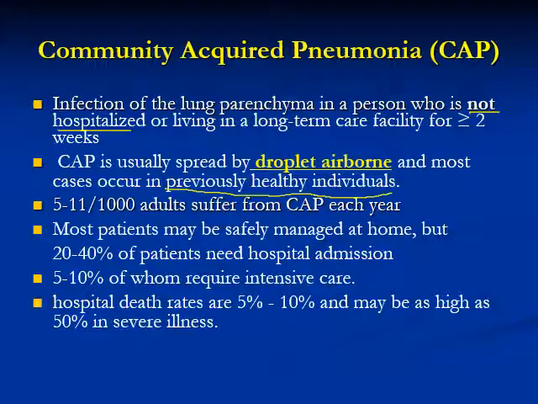Community acquired pneumonia occurs in previously healthy individuals. The incidence is 5 to 10 per 1,000 adults each year. For each 1,000 people, 5 to 10 adults may suffer from community acquired pneumonia yearly.